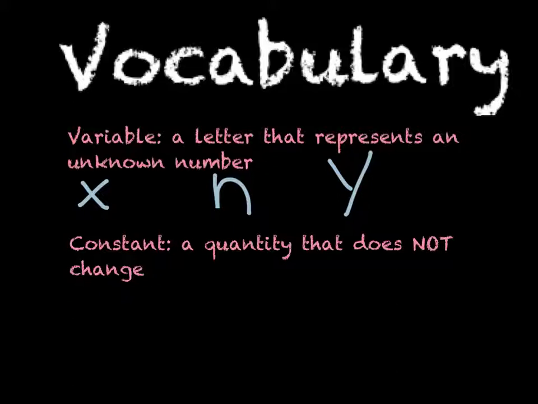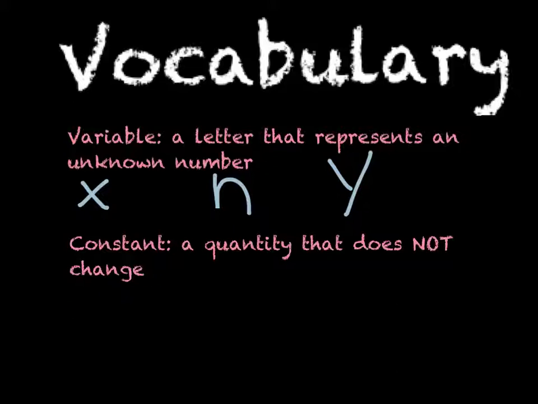We use one when we don't know what a number is or need to represent a number that could represent lots of different numbers. A constant, the opposite, is a quantity that does not change. It's a value of a number that's going to stay the same no matter what.